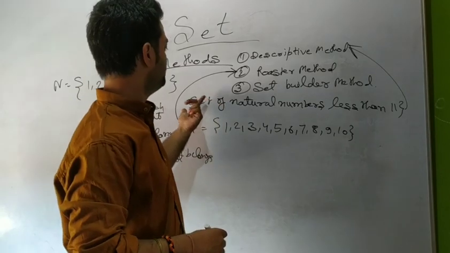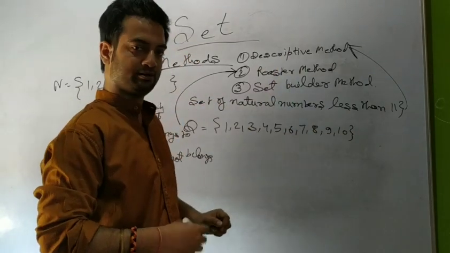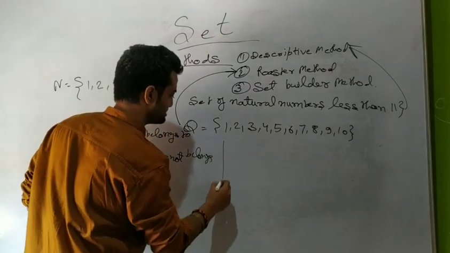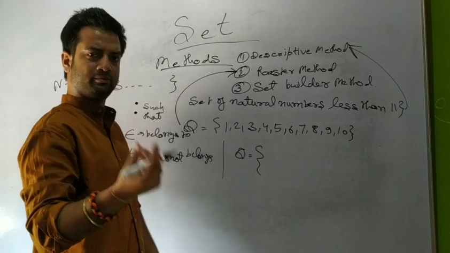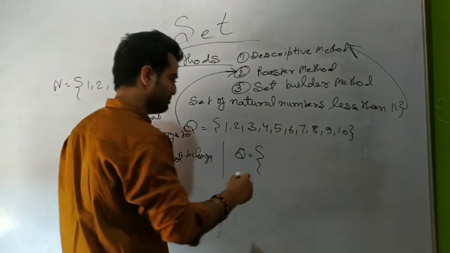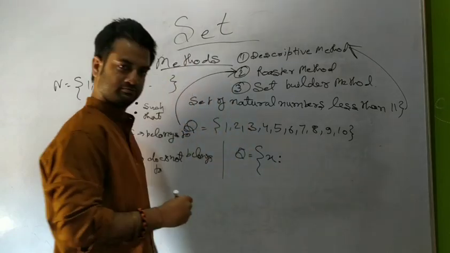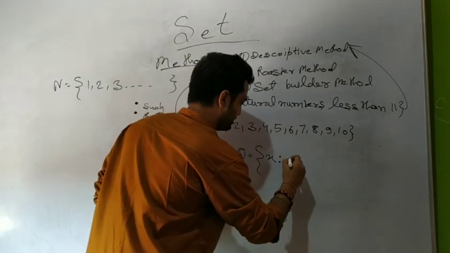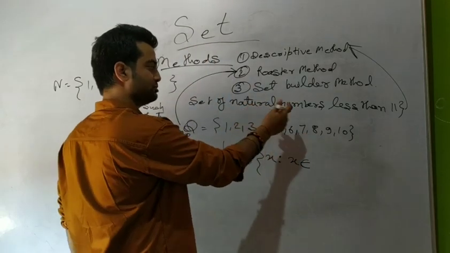Suppose we have to describe the set of natural numbers less than 11 in set builder form. We will describe it as Q equals, we take any arbitrary element, suppose I am taking x such that x belongs to the set of natural numbers.